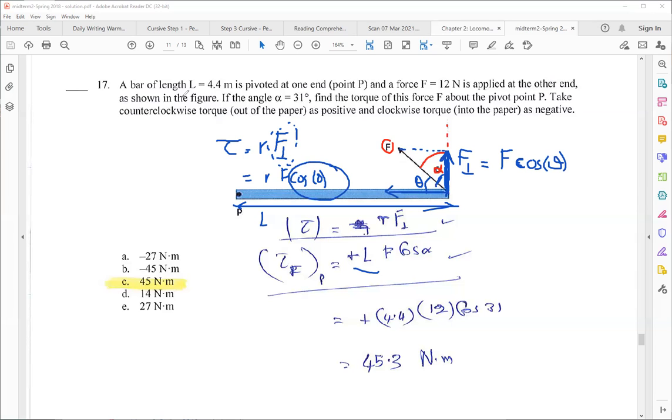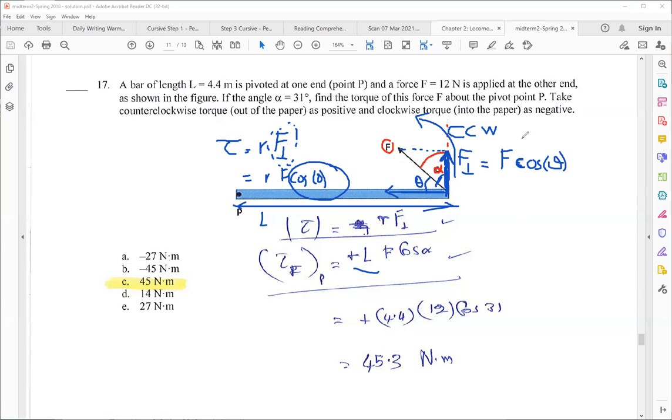Now, is the torque going to be positive or negative? This force will cause the bar to rotate in this direction, which means this is counterclockwise, CCW.